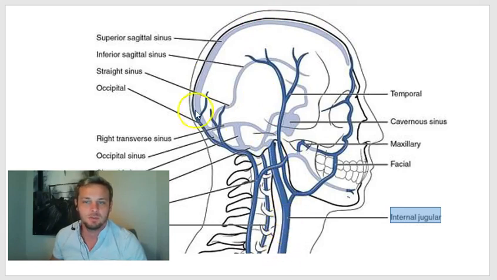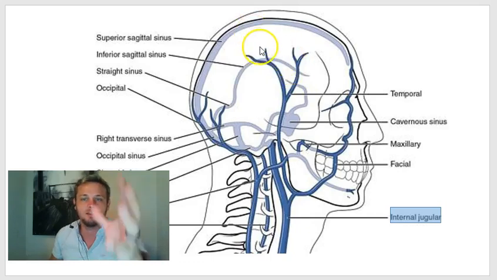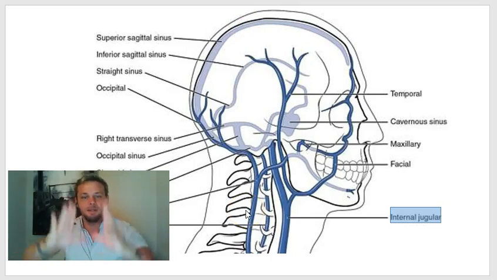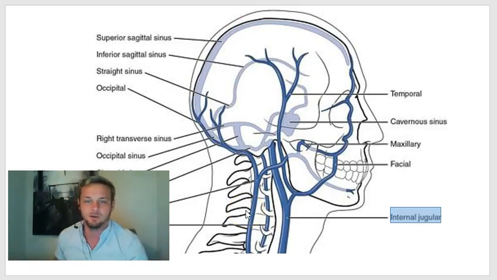So when we're thinking about these, all these are taking blood away from the brain, where your arteries are taking blood to the brain, right? Going away from the heart. So this is all coming back down towards the heart. So here's your internal jugular. And then we have our facial.